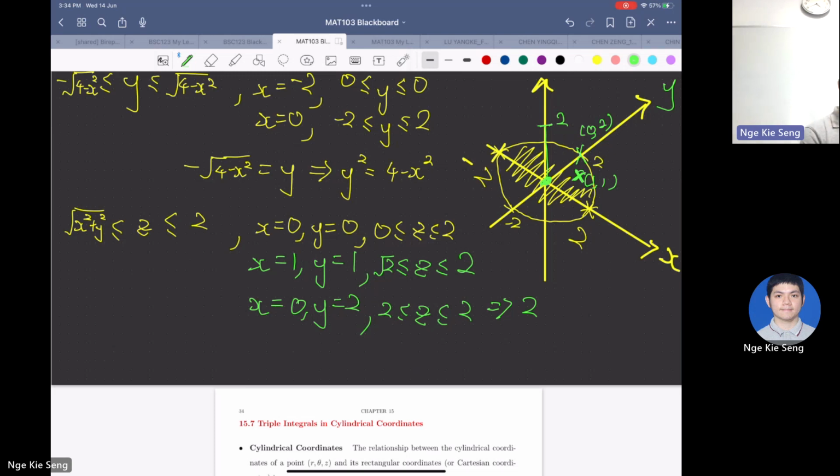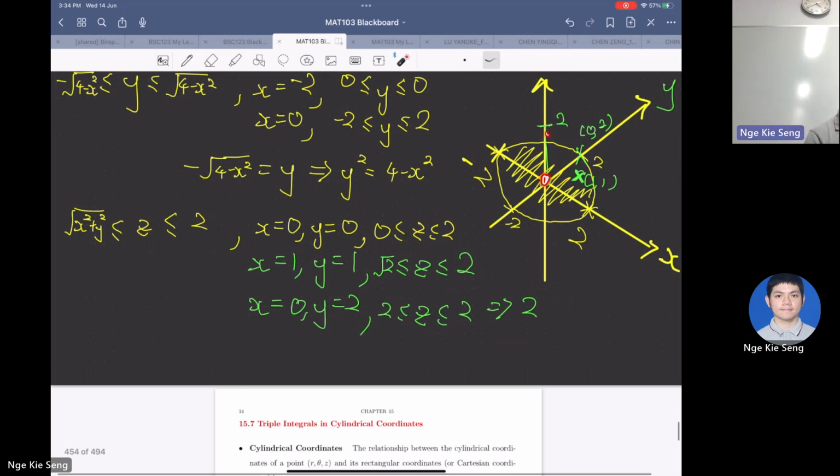You can see that when you go away from the center of the circle, the height reduces. At the origin, you have the full length 0 to 2. When you go to the interior point, you only have square root 2 to 2. Until you reach the boundary, you get 2.